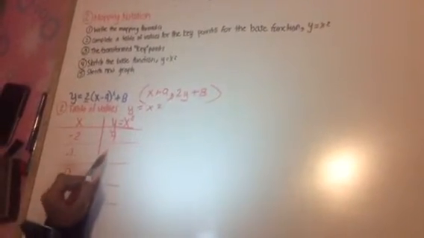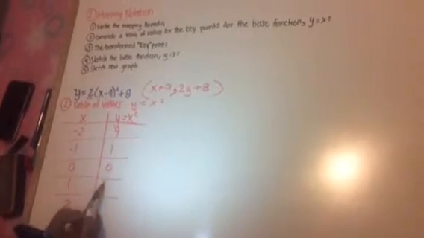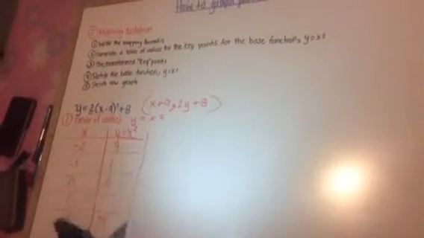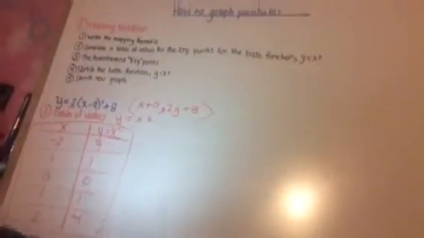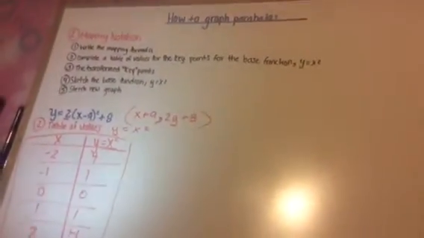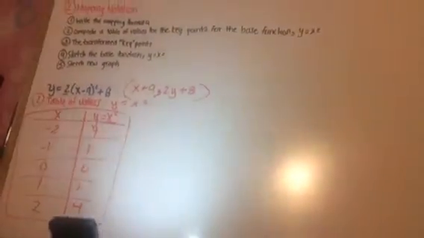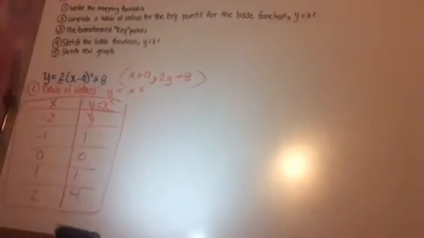So y is 4, 1, 0, 1, 4. So this is our table of values for y equals x squared.